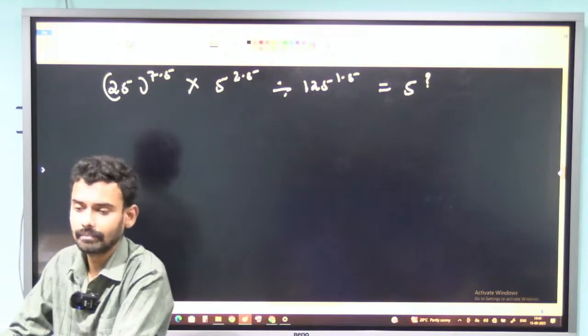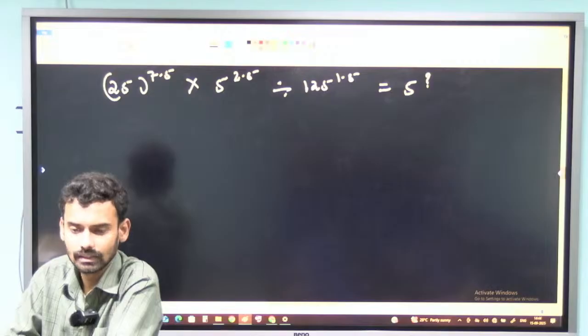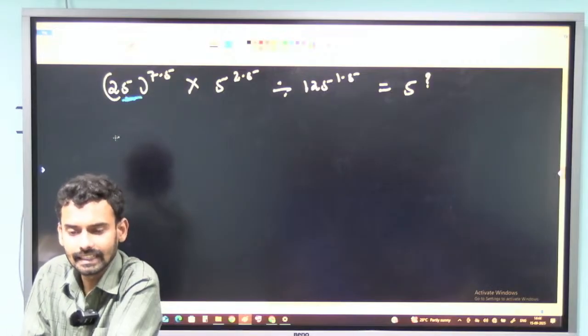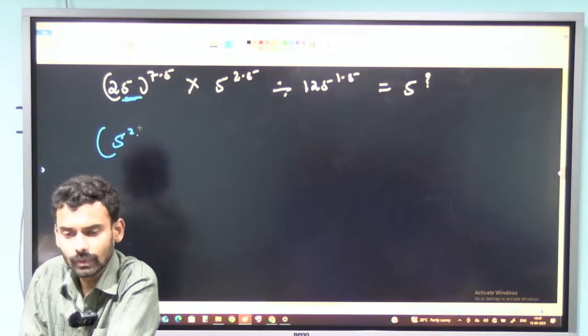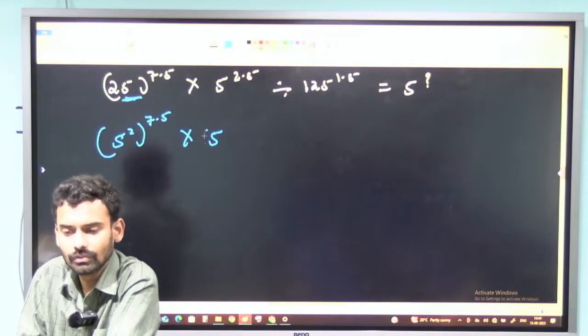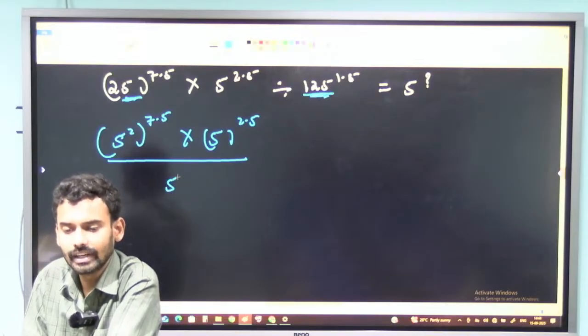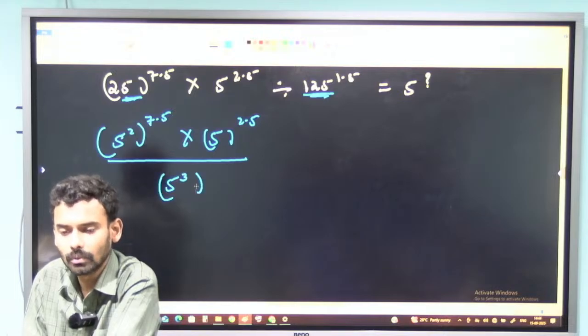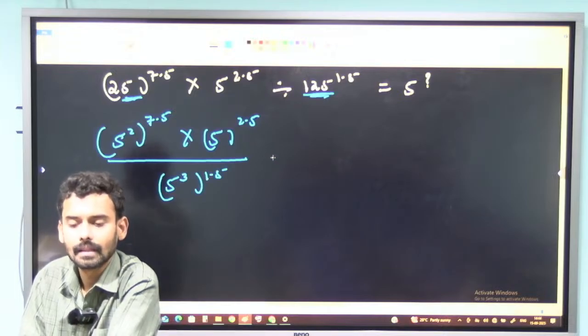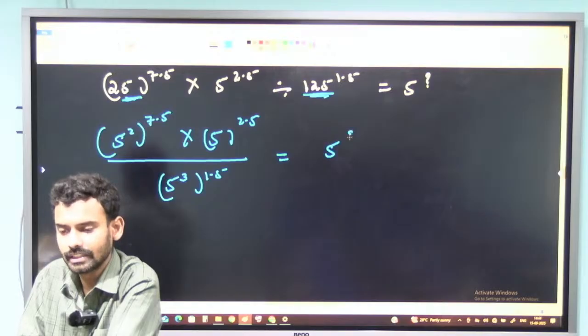I need to find what will come in place of the question mark. So 25 can be written as 5 square whole to the power of 7.5 into 5 to the power of 2.5 divided by 125, which can be written as 5 cube. So it is 5 to the power of 3 whole to the power of 1.5 is equal to 5 to the power of question mark.